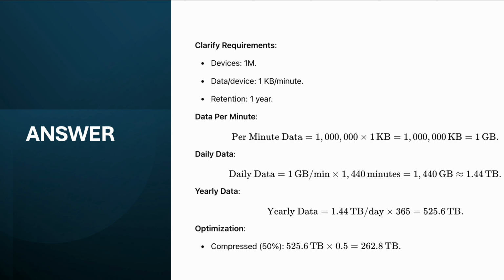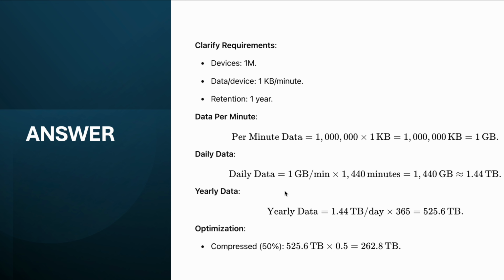So 1 million multiplied by 1 KB, right? So 1 million KBs. These three zeros will give you MBs, and then 1,000 MBs is 1 GB. So the data storage per minute, when 1 million devices are sending 1 kilobyte per minute, would be 1 GB. All right, it is the per minute data requirement.